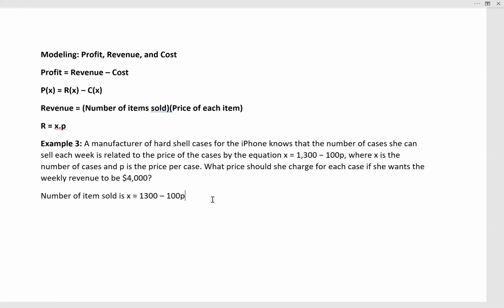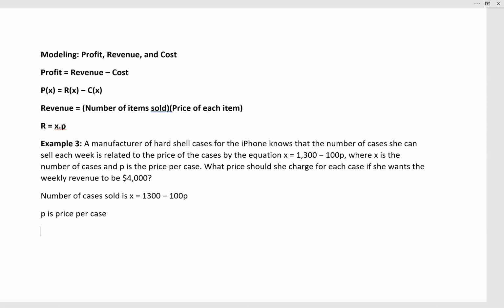Okay, and I'm just going to say x is the number of cases, and p is the price per case. Okay, so from here, I should have a small p, better.